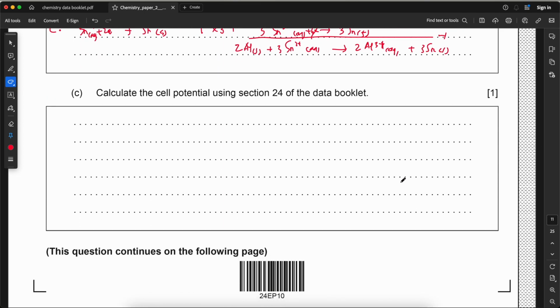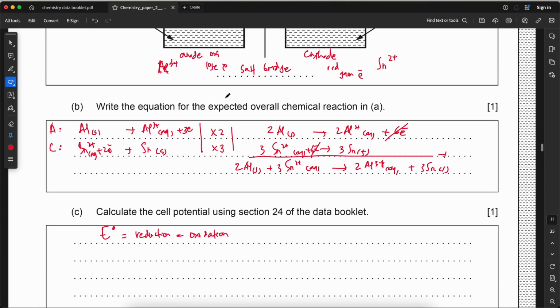Calculate the cell potential using section 24 of the data booklet. So E cell would be reduction minus oxidation. Reduction, as we know, is Sn.